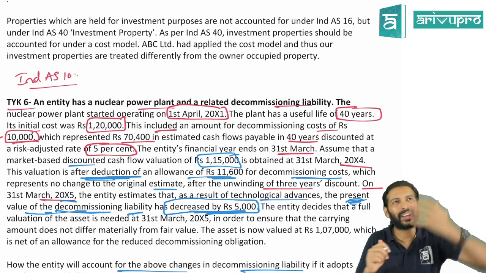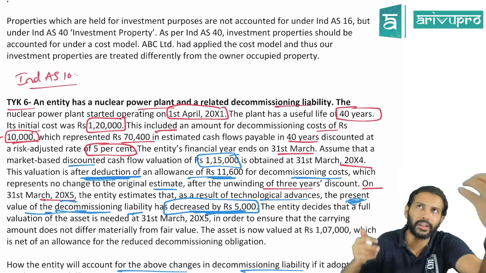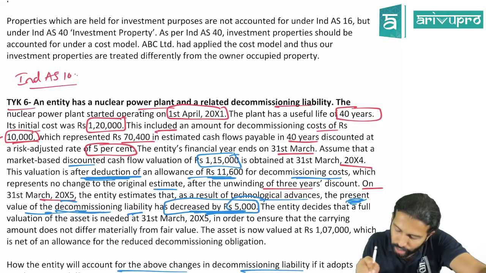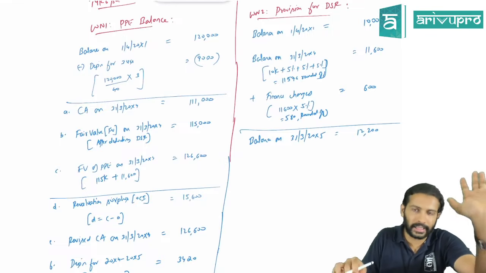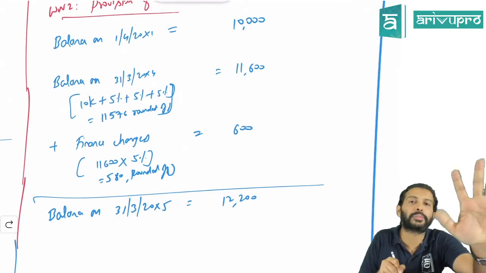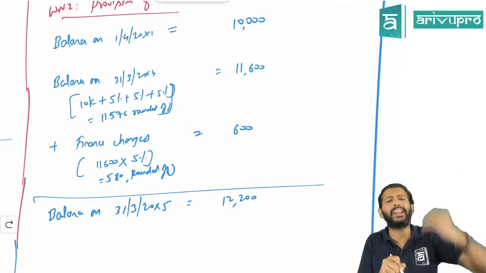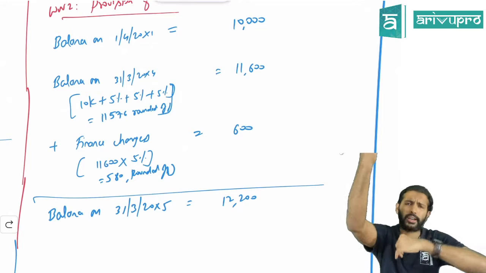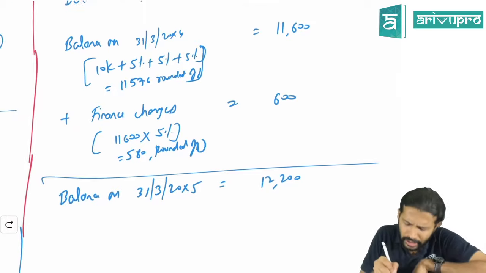That is, you need not maintain provision or obligation at that value. They're saying whatever is the provision you've got, you reduce it by 5,000 rupees. That's what they are telling. So the provision for DSR, how much are we maintaining now? Present value on 31st March 20x5 as per our books is 12,200. They are telling in the question, due to technological advancement, this is not so much. You can reduce it. So provision balance you need to reduce.